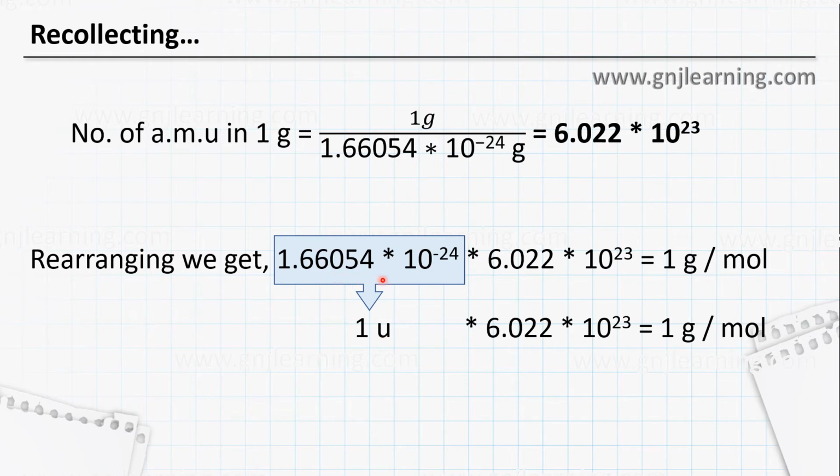When I multiply this value with the Avogadro number, I get 1 gram, isn't it? So 1 u turns into the same magnitude, but the unit is gram. Since it is for 1 mole, we just write it like per mole.